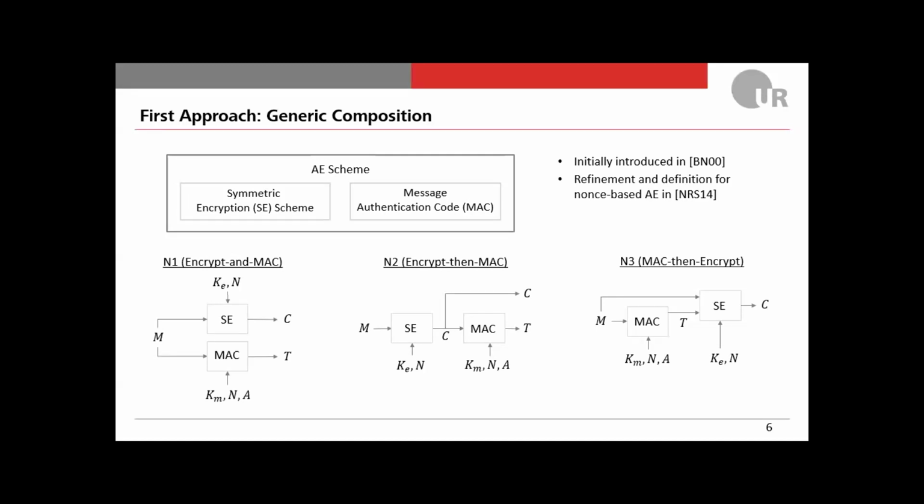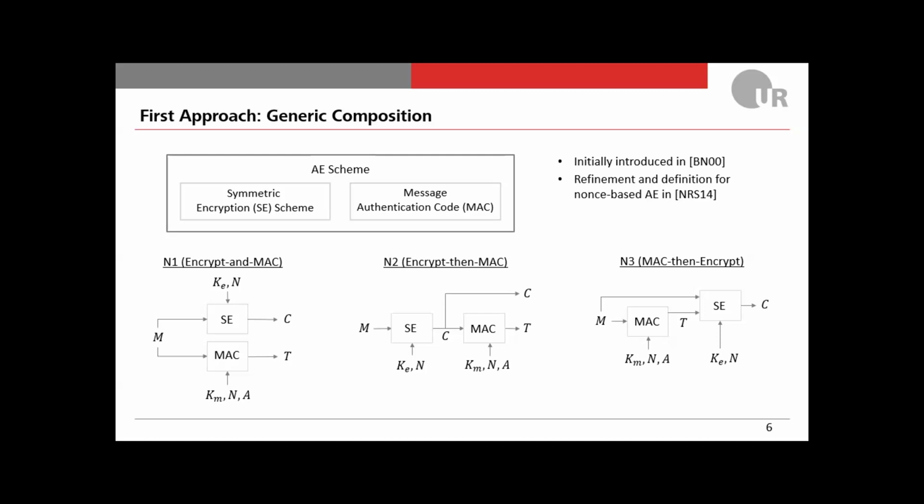So for N1, which follows encrypt-and-MAC, both ciphertext and tag are computed using the message first, so for one as input to the symmetric encryption scheme and the MAC respectively. Then N2, following encrypt-then-MAC, first encrypts the message, and the resulting ciphertext is then input into the MAC, which yields the tag.